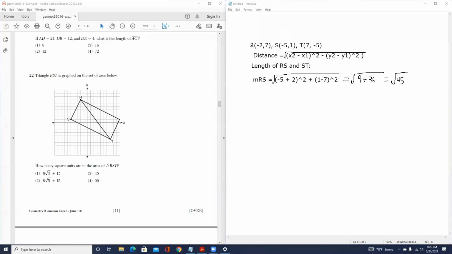Now let's repeat what we did, but with the measure of ST. And in this case, you're going to plug in these numbers.